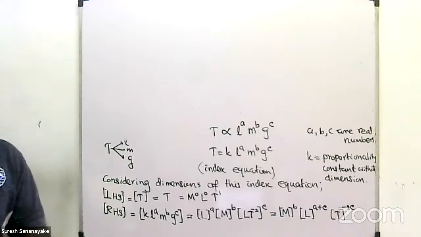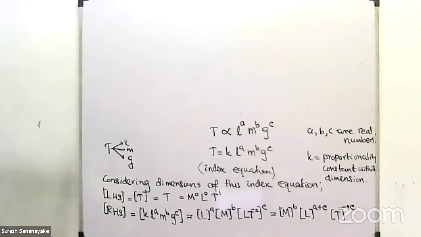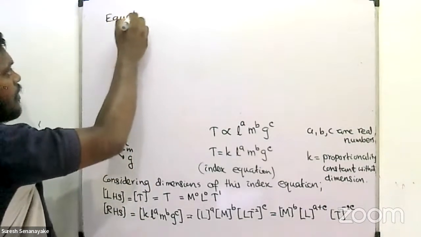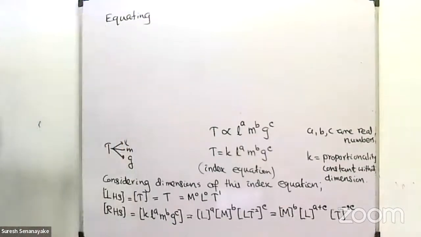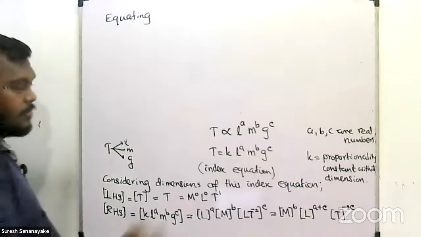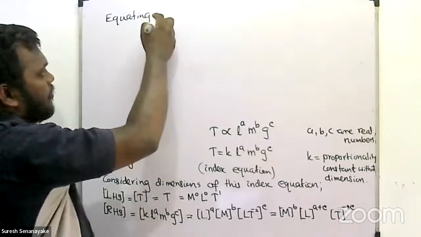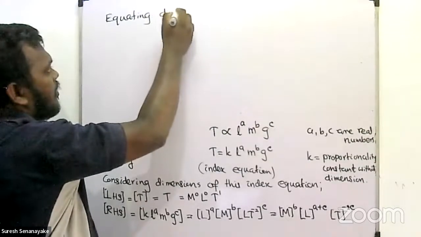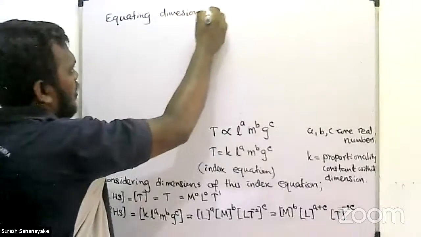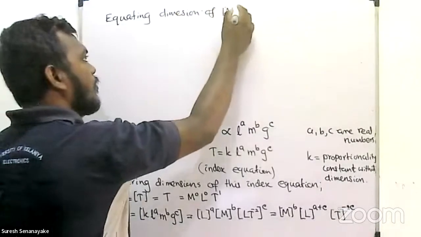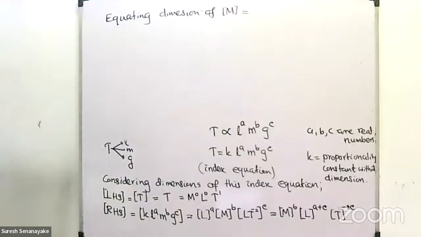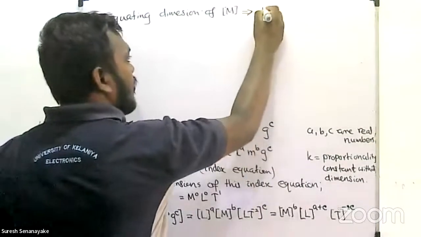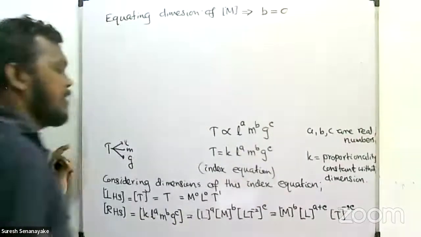After this point, the next step you can write there. Equating dimensions of M, or indices of M. Write the dimension of M. And then in the right hand side, its dimension is B, and in the left hand side, its dimension is 0.